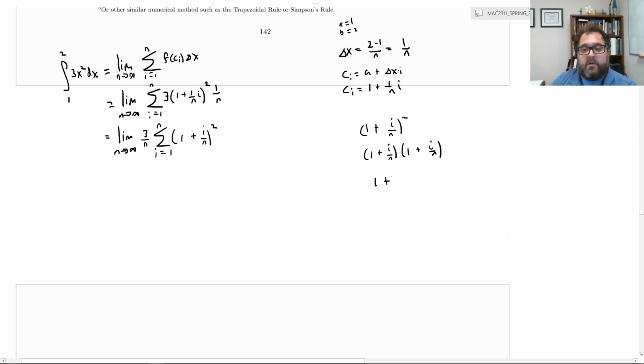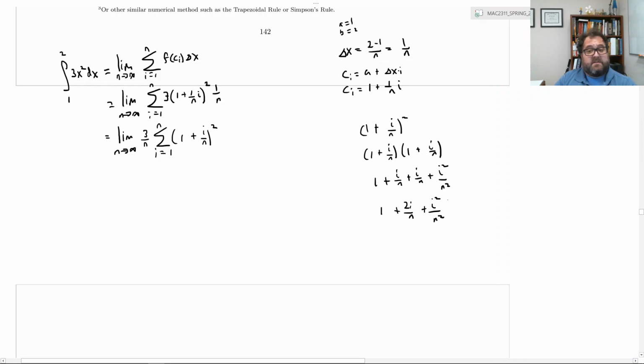So that's 1 plus, okay, i over n times 1 is i over n. So i over n plus another i over n times 1, or just itself, plus i squared over n squared. So that gives us 3 terms. If we combine, we get 1 plus we have i over n plus i over n. That's 2i over n if you add those appropriately, plus i squared over n squared.